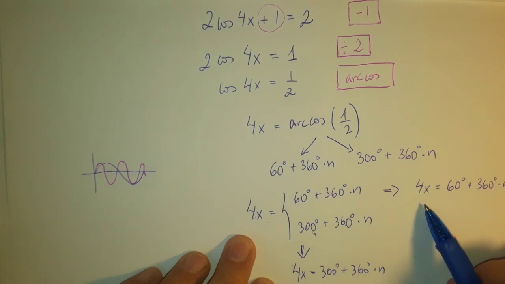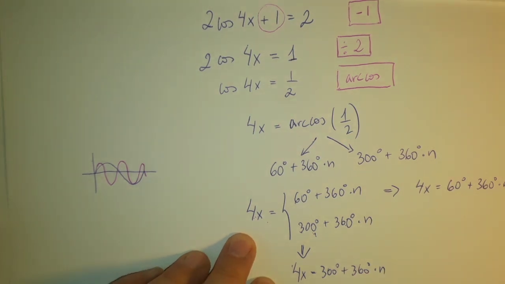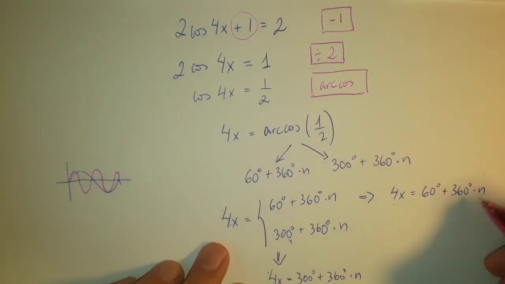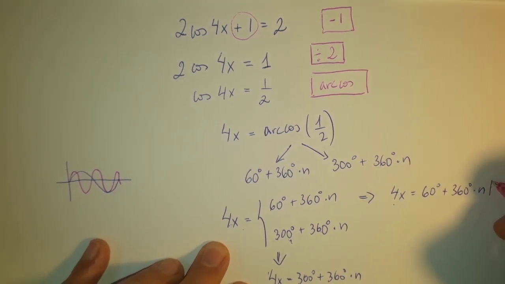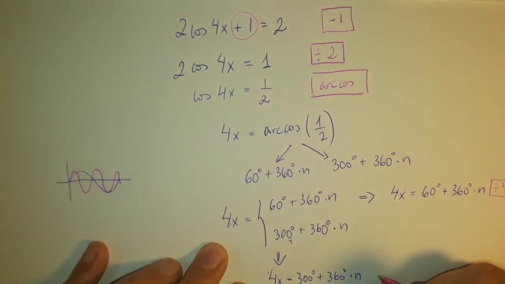How do I solve this? I just have to divide over 4 both sides to cancel this 4. So we can solve for x, so I have to divide over 4 both sides, in here and in here.